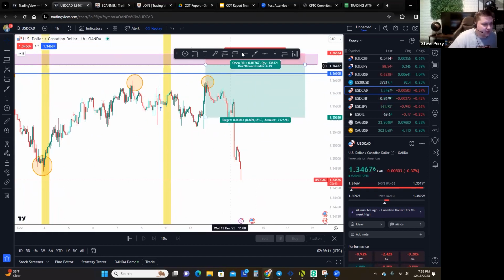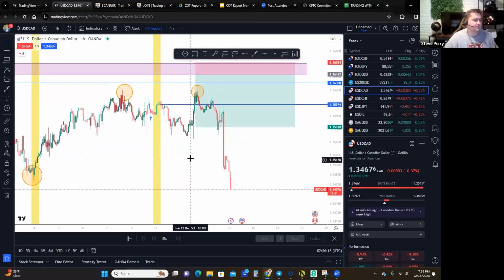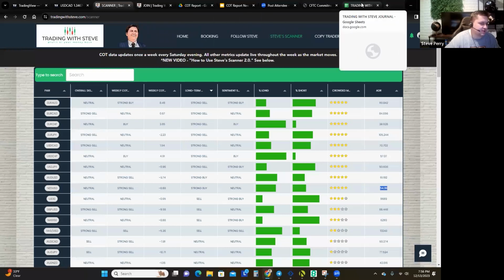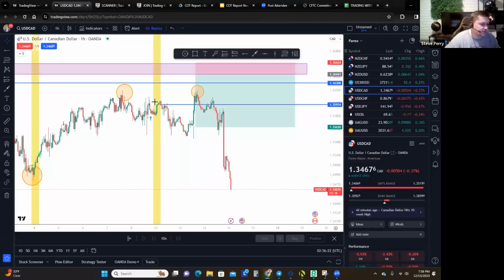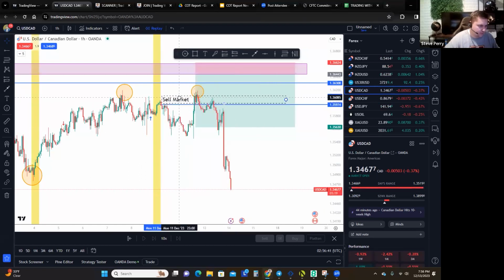So at the beginning of the week, I had a sell market right here. And the average daily range on the USD CAD is 71. So we'll just say 35 pips is the distance that I place between these. So I have a sell market at the beginning of the week right there.